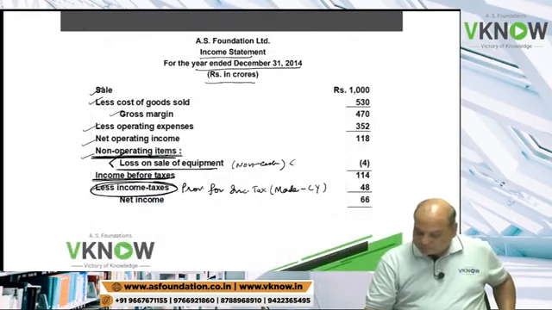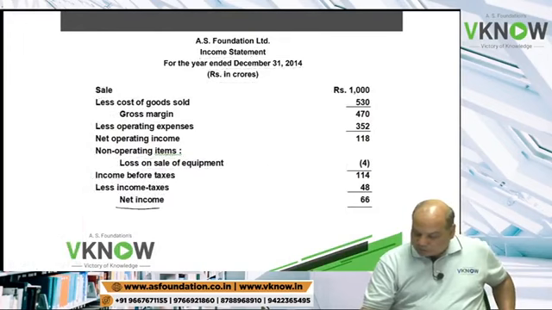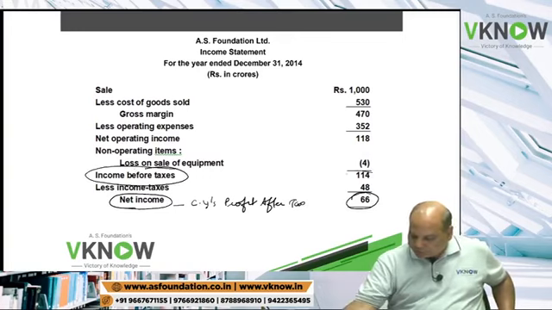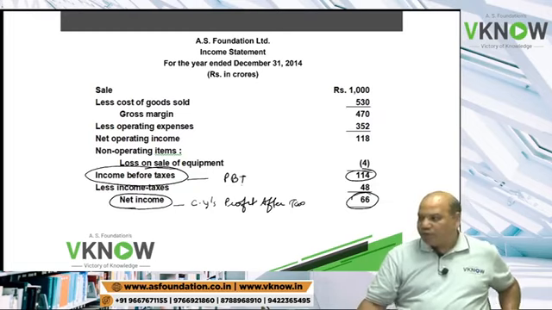Okay. And then this is net income. This is current year's profit after tax. And this is current year profit before tax.